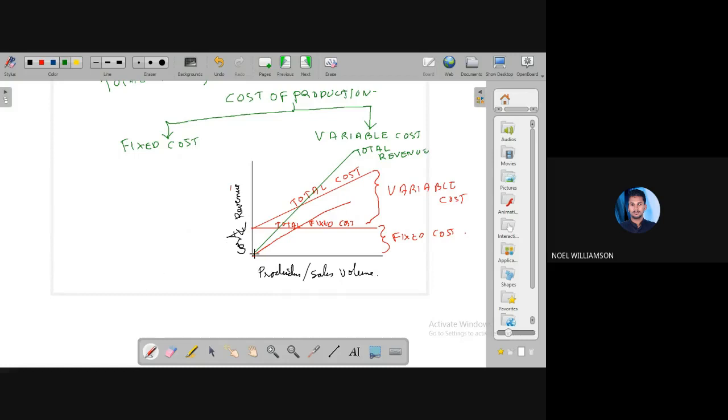So we can see here, this is the total cost and this is the total revenue. Initially, the total cost was higher and the total revenue was zero. That is, if the number of production units is zero, there is no production at all, then the revenue we receive is zero, because we are not selling anything.